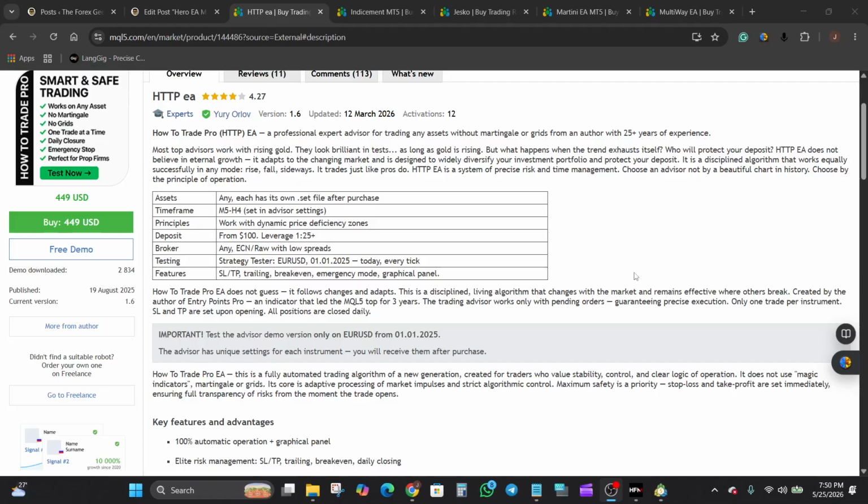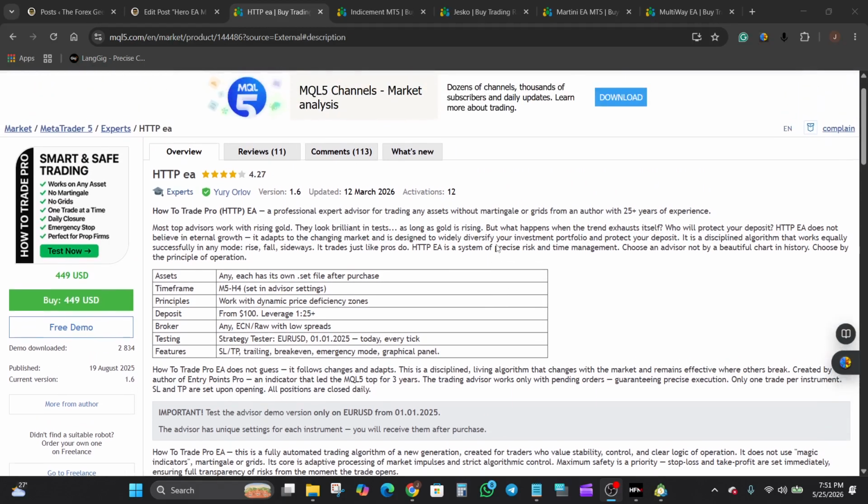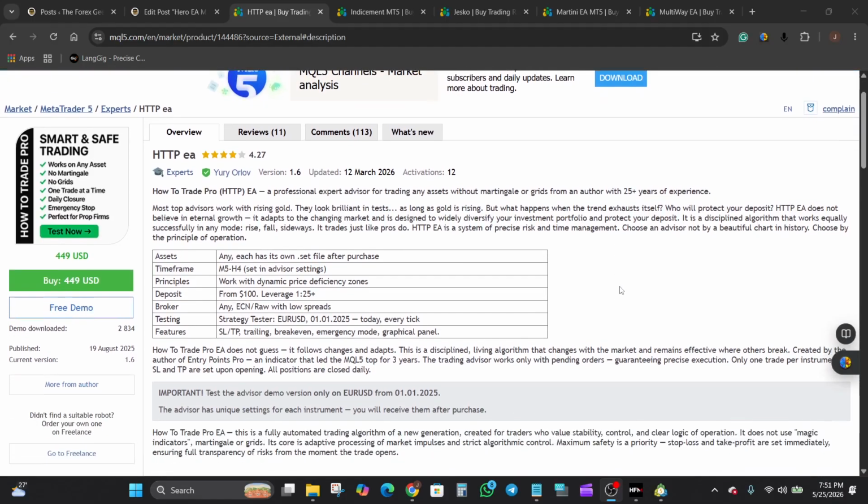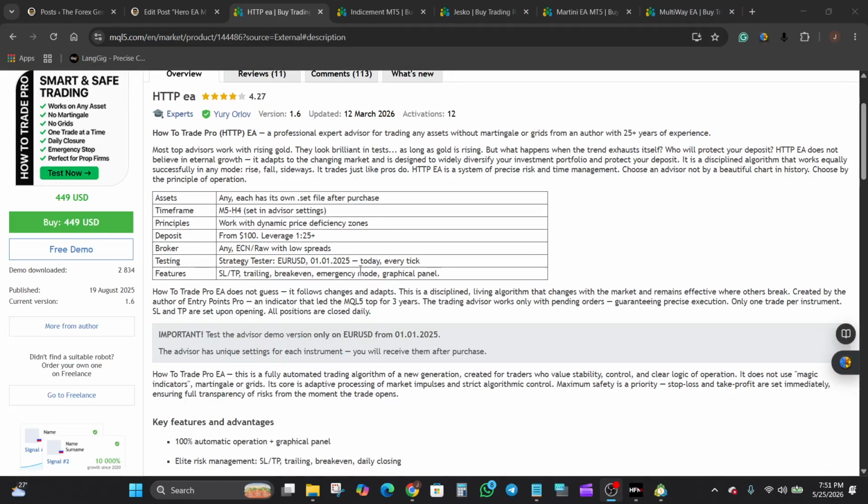It also mentions features like trailing stop, break even, emergency mode, and a graphical panel. So there is a clear focus on trade management once positions are active, not just entry logic. From the recommendations section, I can see it supports multiple assets, but each one comes with its own set file after purchase.